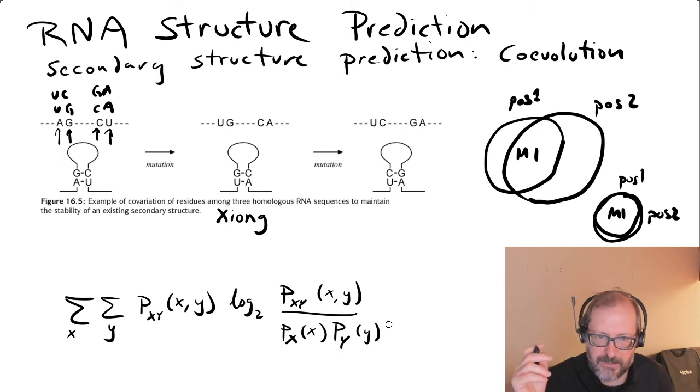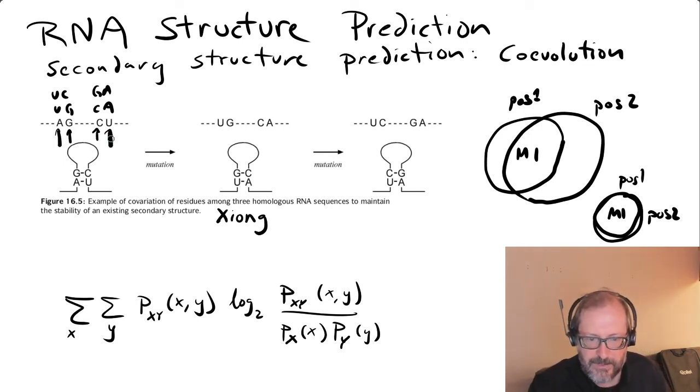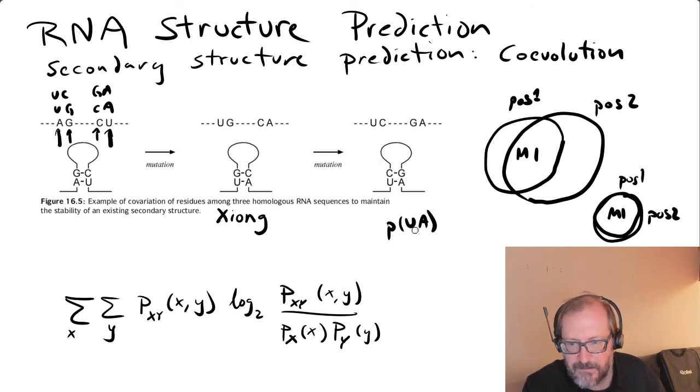So let's say we were just to compute this for position, again, 1 and 4. The way you would do this is you would say, okay, I'm going to sum over all possibilities. So for example, there's a P of U comma A. That's going to be 2/3.